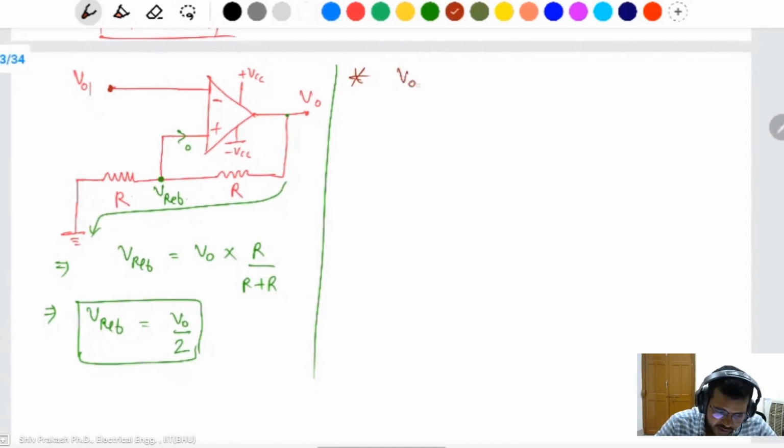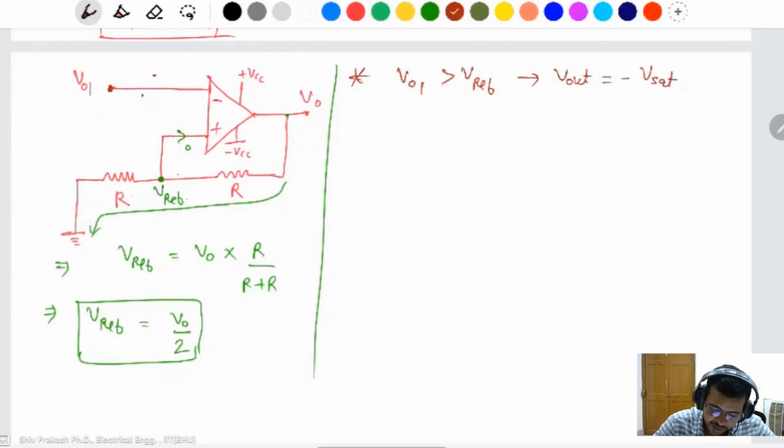If V naught 1 is greater than V reference, it means this voltage is greater than this voltage, so the negative voltage is higher. If the negative terminal is higher, then the output will go to the set value, the saturation value. In that case, output is minus V saturation.